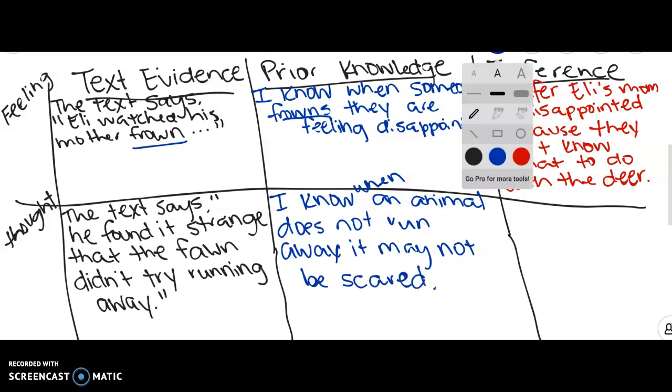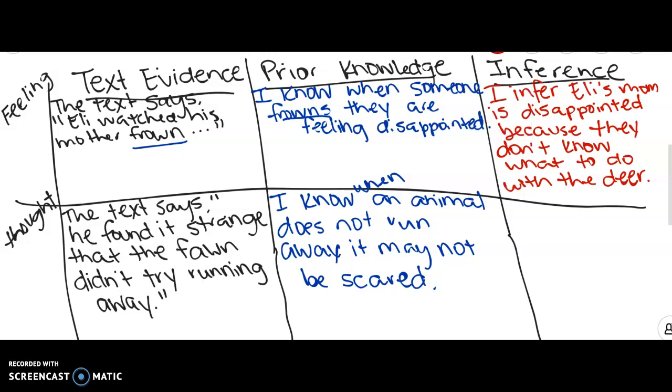Okay, now I can make an inference using my text evidence and my prior knowledge with I infer the baby deer is not afraid of Eli.